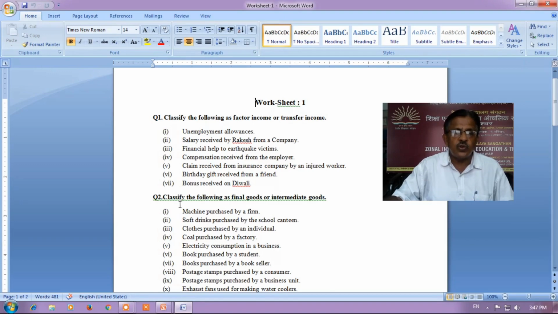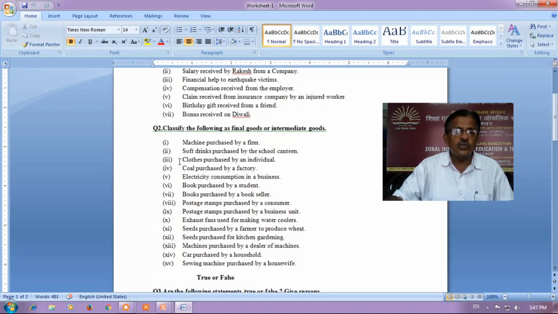Then question number 2, classify the following as final goods or intermediate goods. So you go through the options. I am not reading.